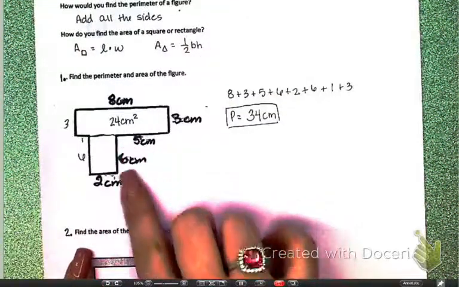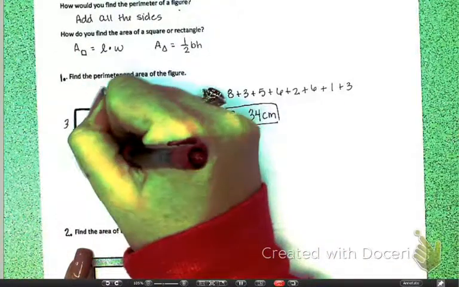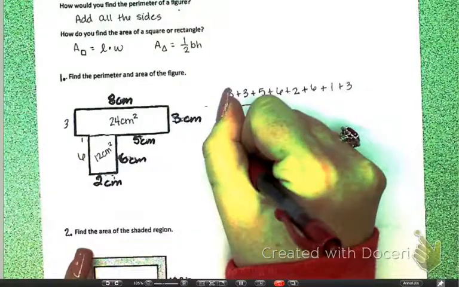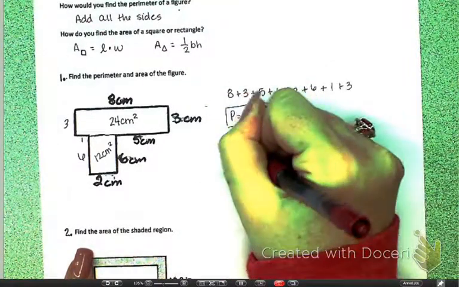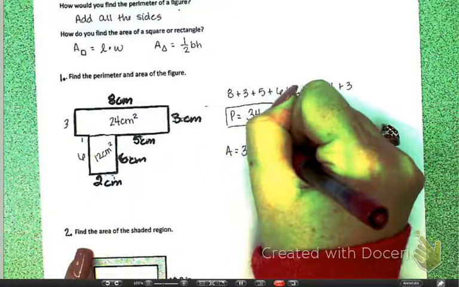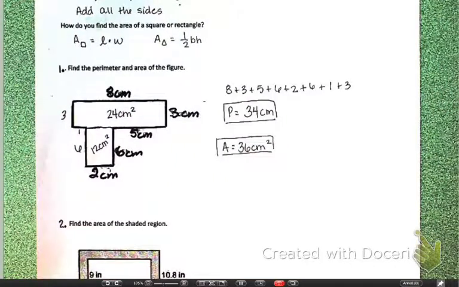What's this area going to be for this rectangle? 12 centimeters squared, which means the area of the entire thing is 36 centimeters squared. We add those together. So if it's a shape that you don't know, you can break it up and still figure it out.